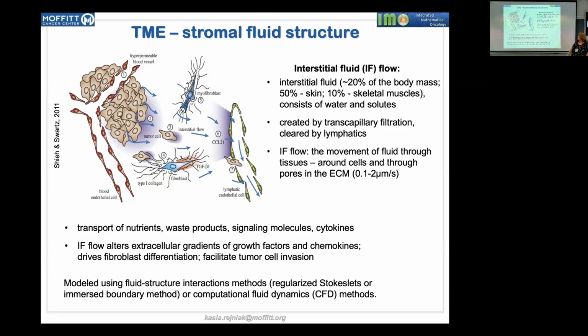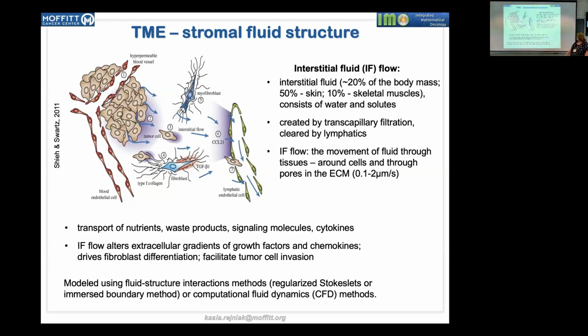This interstitial fluid consists of water and the solutes in the water. It's created by transcapillary filtration. That means the vessels, especially in the tumors, are leaky, so there may be plasma leaking from the vessel into the tissue. And then the sink for those are the lymphatic vessels. So you have flow from the blood vessels into the lymphatic vessels.